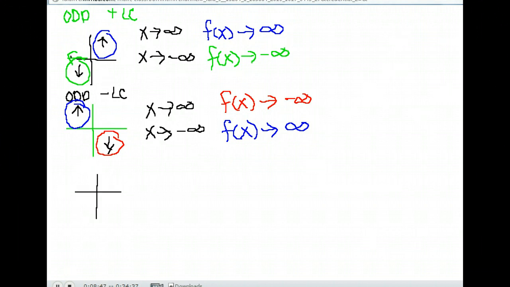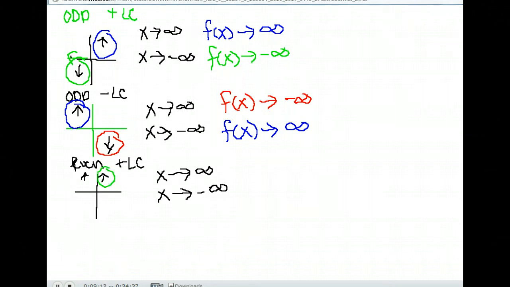Okay, let's talk about when we have even degree and a positive leading coefficient. We talked about that's like a parabola. It goes up and up on each side. Let's talk about that in our technical mathematical terms. Okay, as x goes to positive infinity, or the right side of the graph, what's happening?